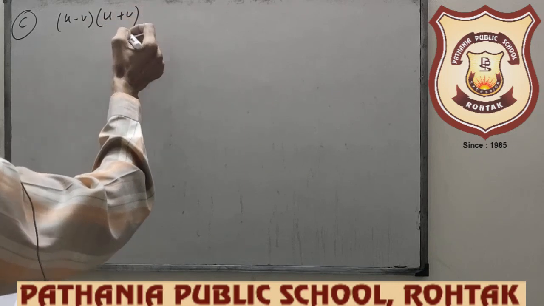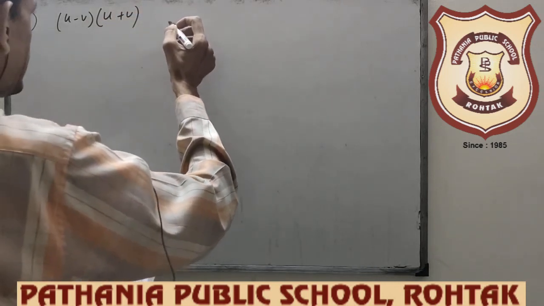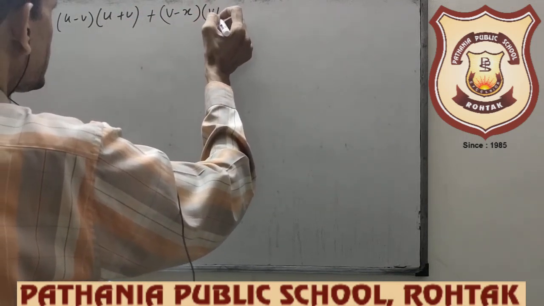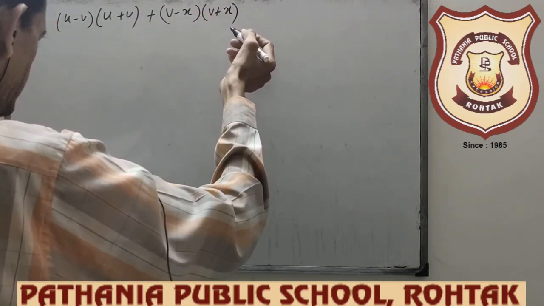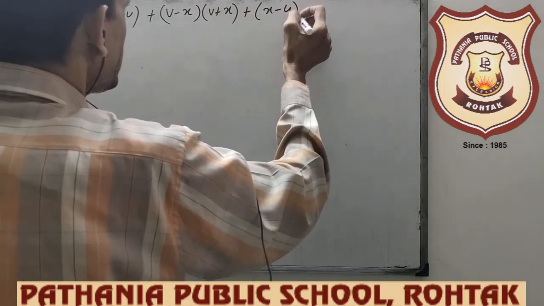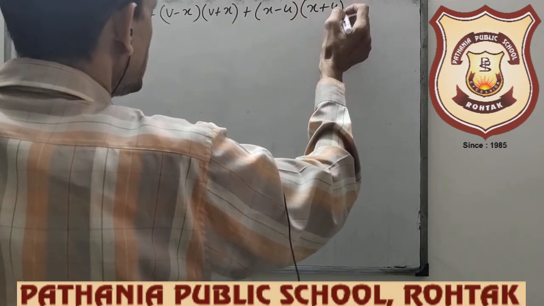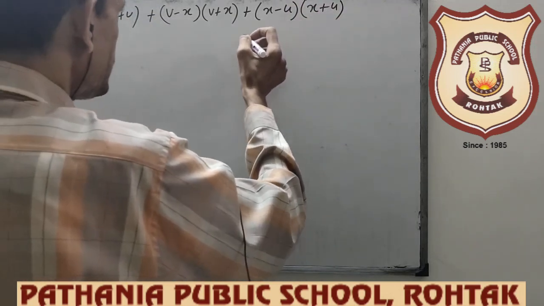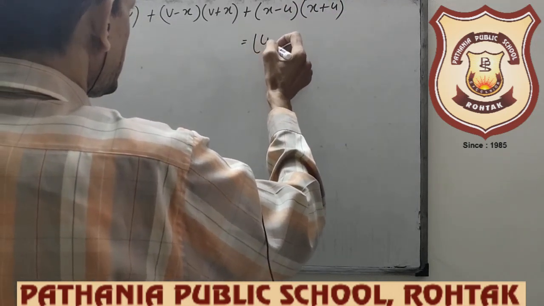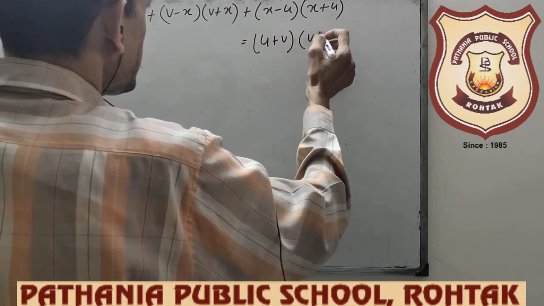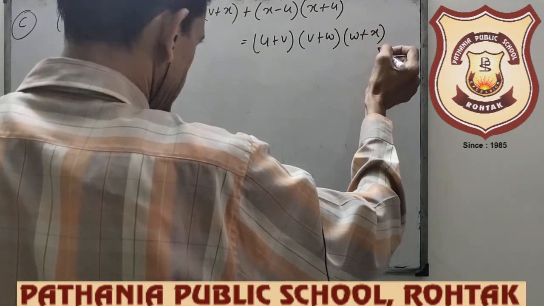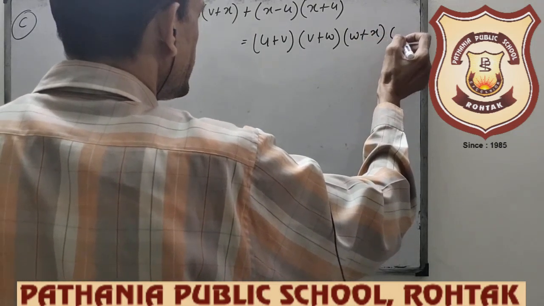This is given: (u plus v) into (v minus x) into (v plus x). Identity is there: (x minus u) into (x plus u) is equal to (u plus v)(v plus w)(w plus x), multiplied by 0.